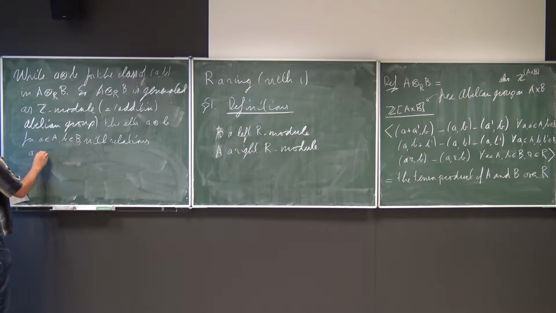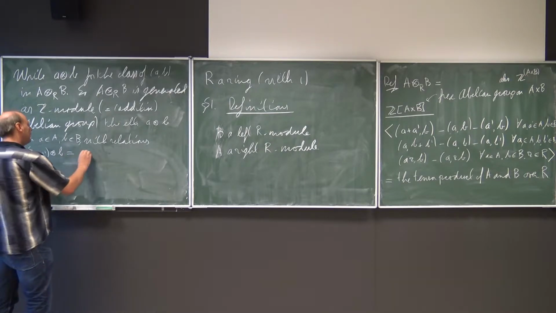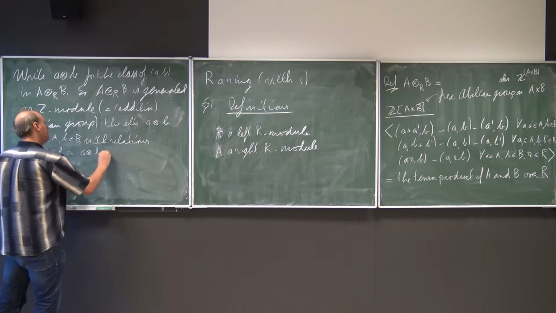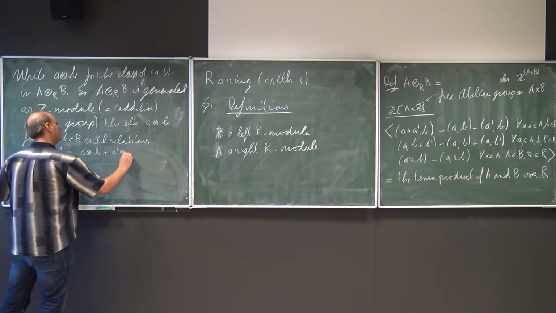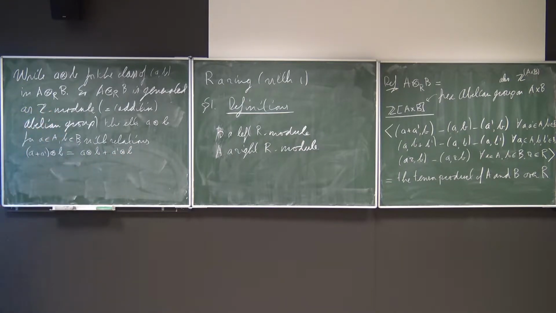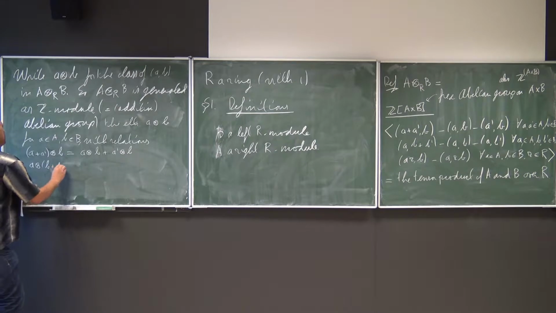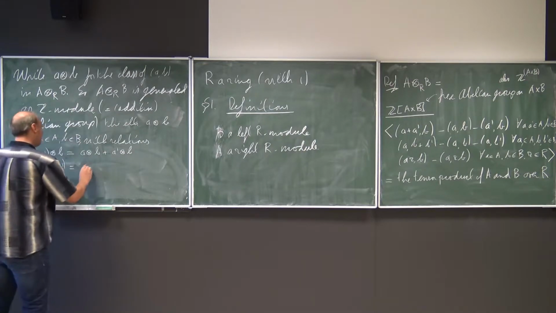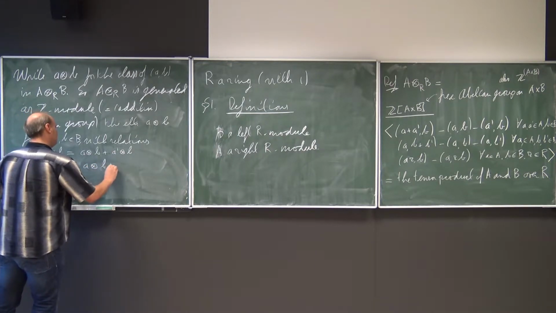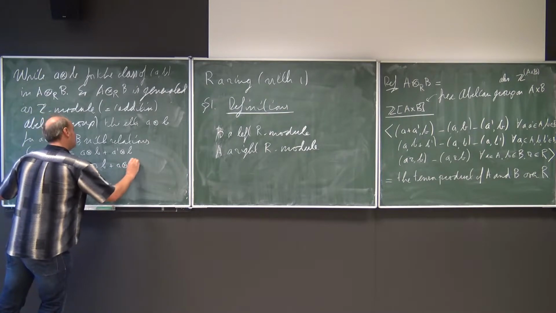So (A plus A prime) tensor B, according to the first relation, I should be able to replace this by the classes of A tensor B plus A prime tensor B. That's the first one. Now I did something similar in the second: A tensor (B plus B prime) is going to be A tensor B plus A tensor B prime.